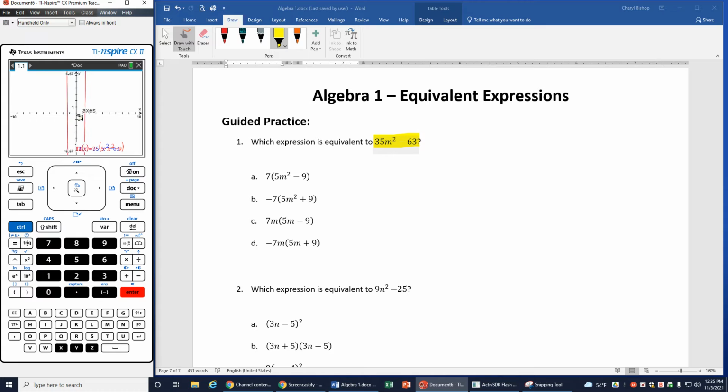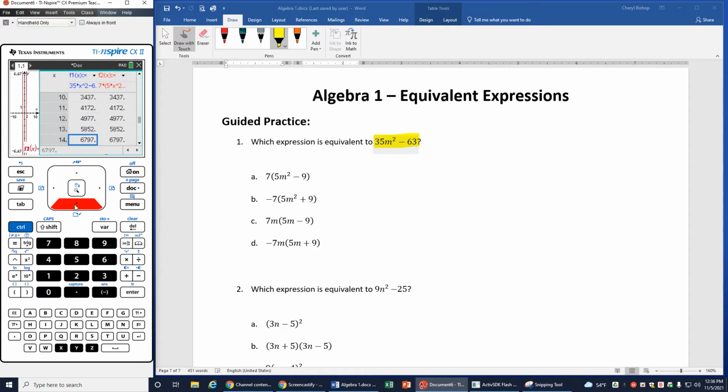And when I hit enter, you can see it put that red graph right on top of that blue graph. And if you're not 100% sure if they're exactly matching, you can hit Control T and look at your two lines. You can see that as I scroll down, my x's and my y's are the same for every single x everywhere I go.